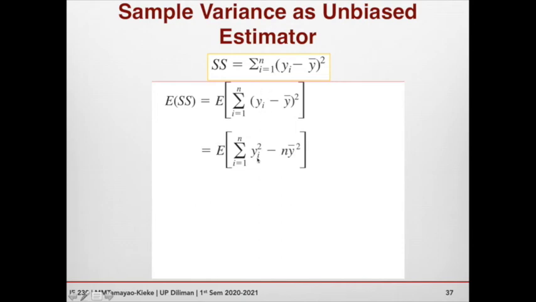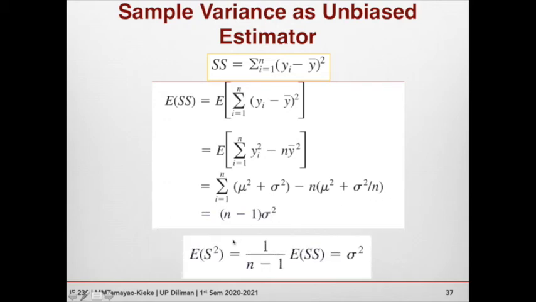And this is just equivalent to this. And if we recall and perform mathematical operations on the previous term, then we get this. And finally, we get E, or expected value of S squared, is just equal to 1 over n minus 1 times the expected value of SS. And this is just equal to sigma squared.